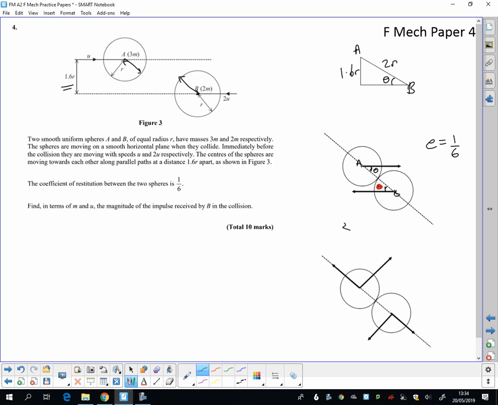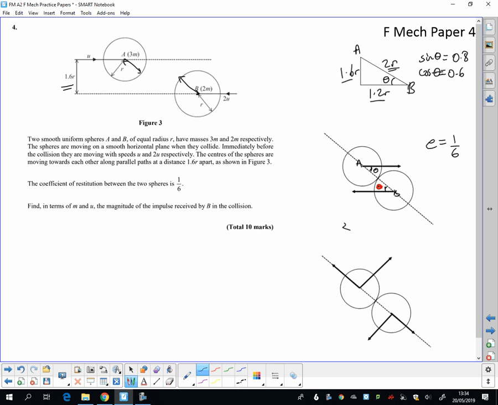So that's going to be 2r. And from that, I can work out the other side of the triangle is 1.2r. And then from that, you can use this triangle to work out a lot of information about the angle. So I can work out that sine of the angle is 0.8 and cos of the angle is 0.6 if you just use sine is opposite over hypotenuse and cos is adjacent over hypotenuse. Okay, so that's going to be quite useful.